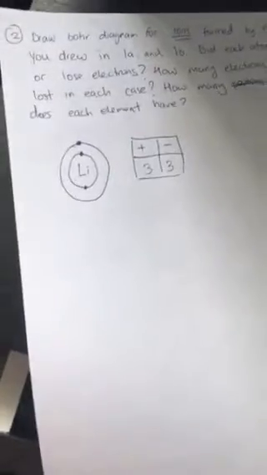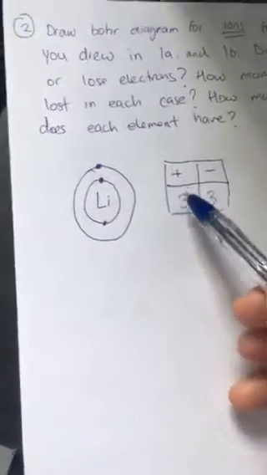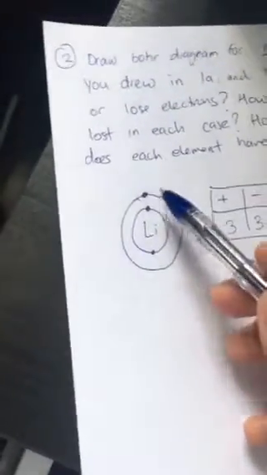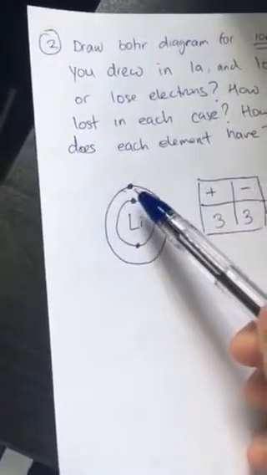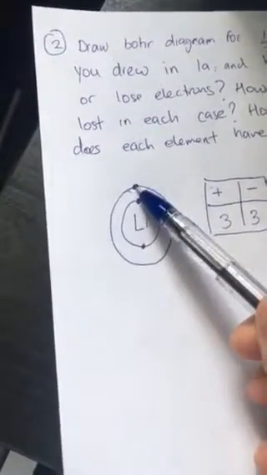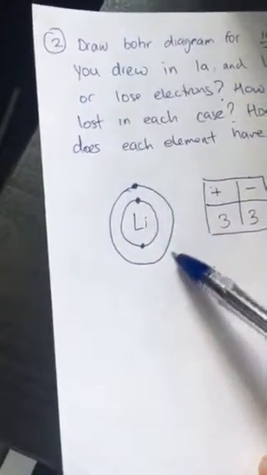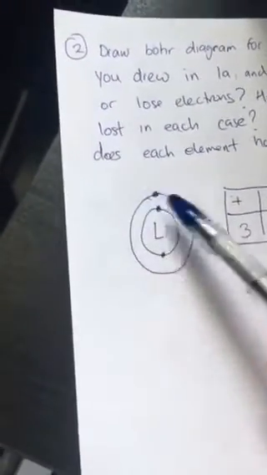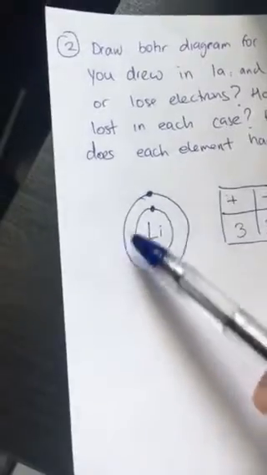Okay, so which means that if you look at lithium now, there's 3 protons, 3 electrons, but lithium is not stable. So in order for lithium to be stable, it needs to either lose this electron or gain 7 more electrons in order to have a full outer shell.